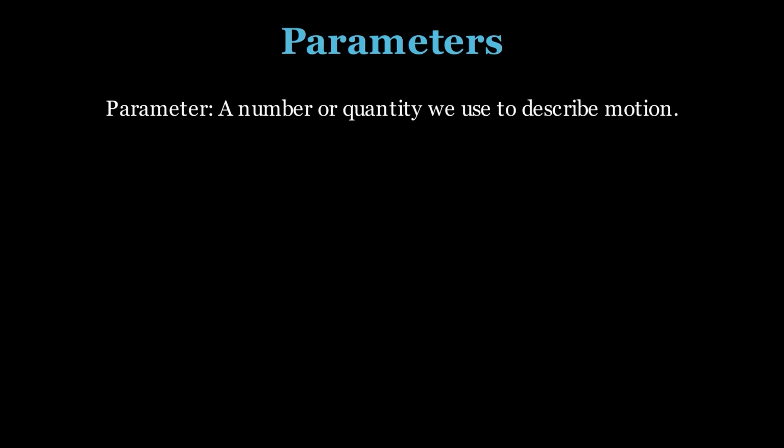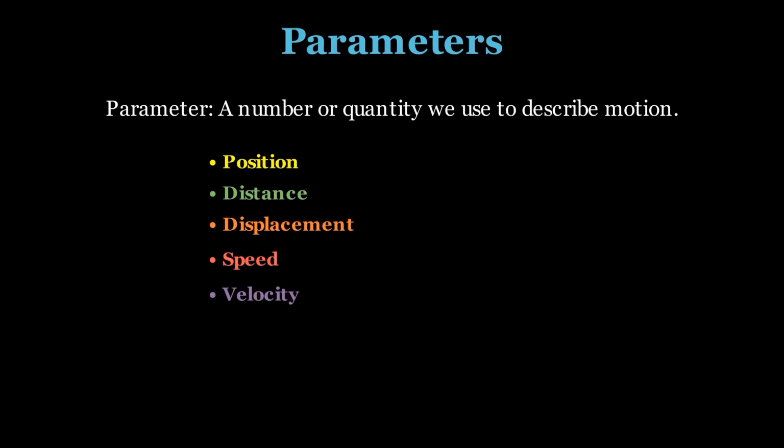Now let's talk about parameters. A parameter is just a number or quantity that helps us describe or measure something, which in our case is motion. Some of the main parameters we use are position, which is about where the object is, distance, which is about how much ground the object has covered, displacement, which is about the change in position considering direction, speed, which is about how fast the object is moving while ignoring direction, velocity, which is simply speed with direction, and finally acceleration, which is about how much the velocity changes over time.